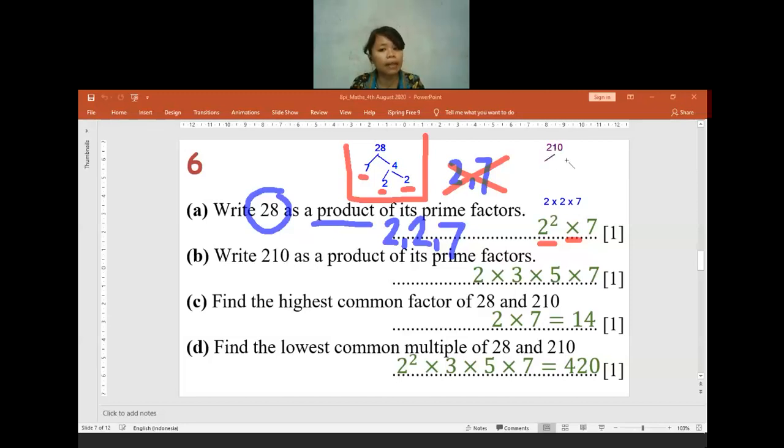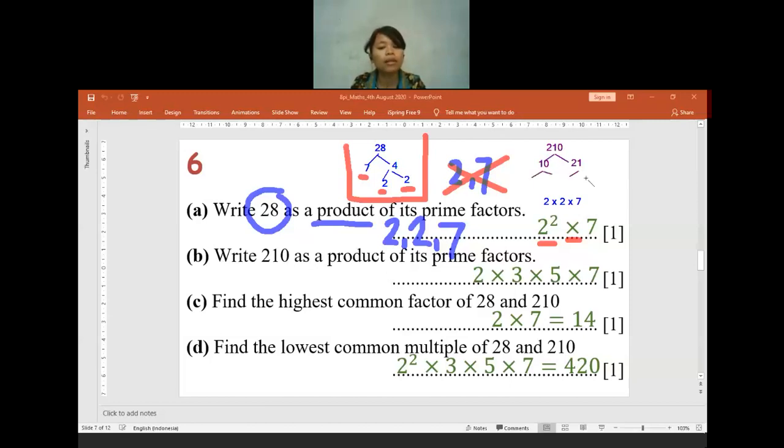So 210 we can break down into 10 times 21, or you can make it 2 times 105, or maybe 5 times 42. It will be up to you which numbers you put on the branches, as long as when you multiply the numbers it equals the number at the top of the branch.